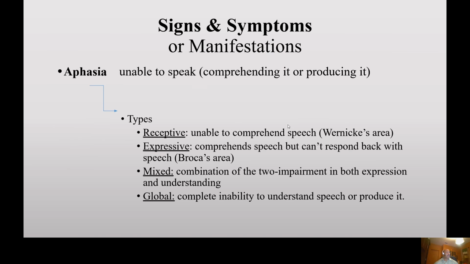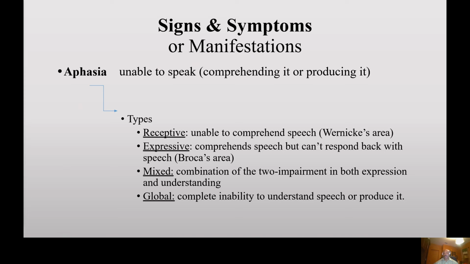Some signs and symptoms, or manifestations, of a stroke, in particular aphasia, the different types of aphasia. Well, you guys already know what receptive and expressive are. There's also a mixed aphasia, meaning both receptive as well as expressive. Then you also have the global type, meaning complete inability to understand or to produce speech.